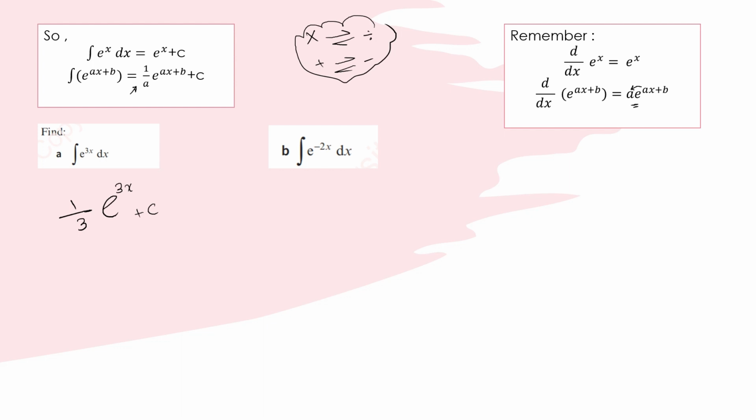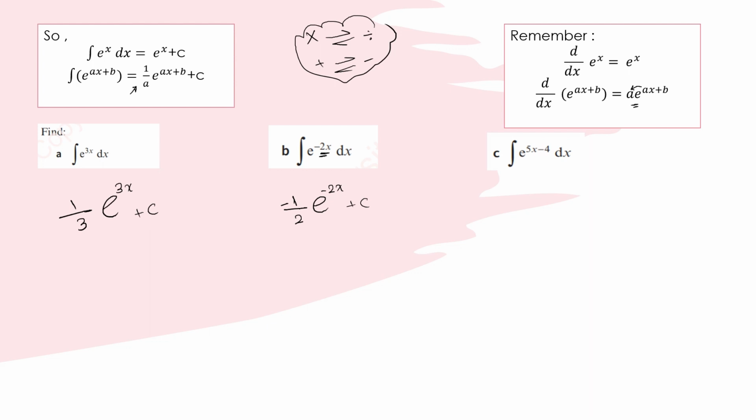Okay, this one also, we will write e power negative 2x plus c, because it's unlimited, and here we will write 1 over the differentiation of the power, which is negative 2. You can write the minus in the numerator, not in the denominator.